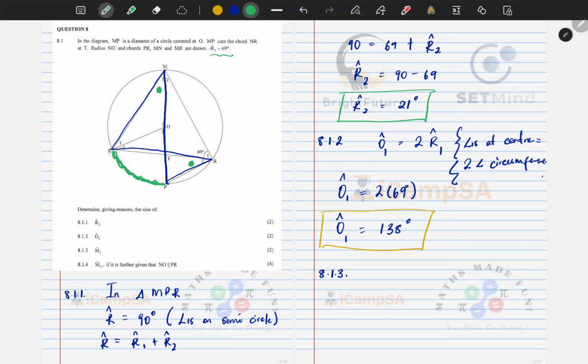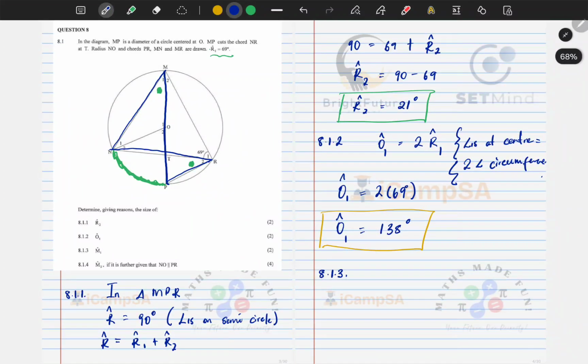So we already know that R2 is equals to 21 degrees, right? So therefore we are going to say angle M1 is going to be equals to angle R2 equals to 21 degrees, and then our reason is angles in the same segment, right?